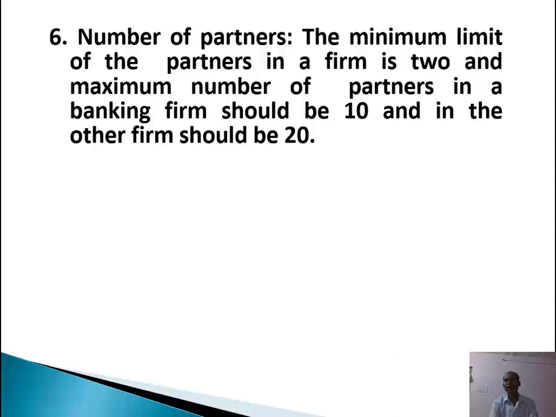Whereas in the case of other firms, other than banking firms, the minimum are 2 and the maximum are 20. So the minimum members of the partnership firm are 2 and the maximum members are 10 in case of banking firms and 20 in case of other firms.